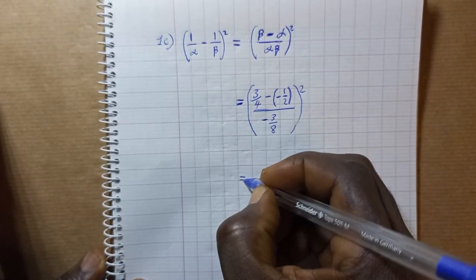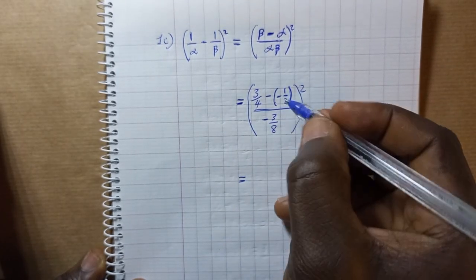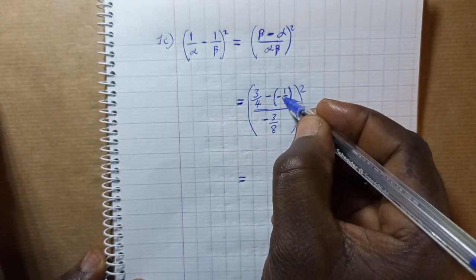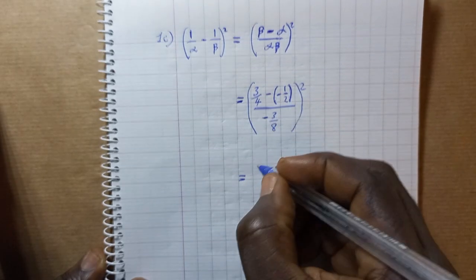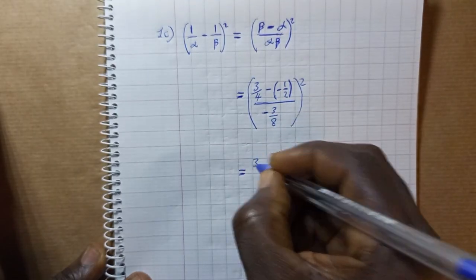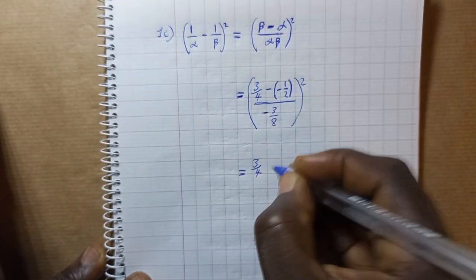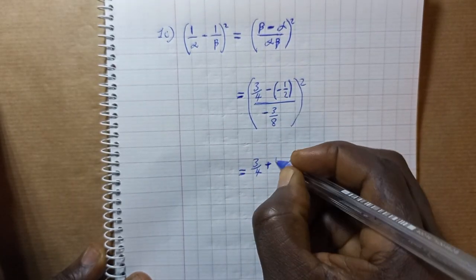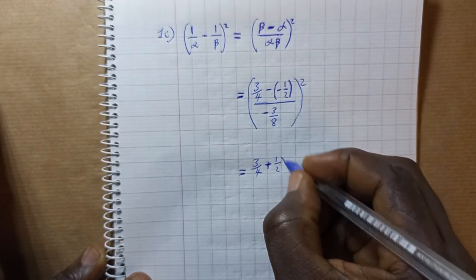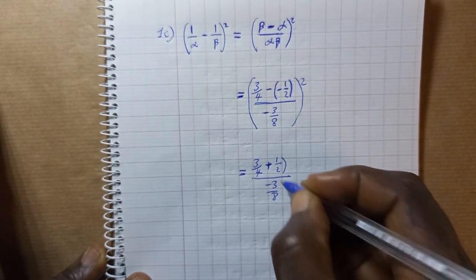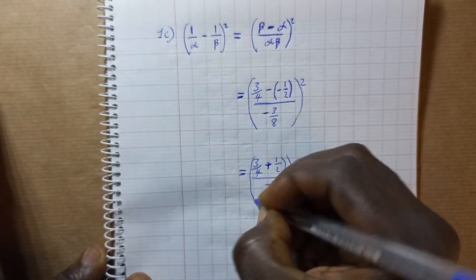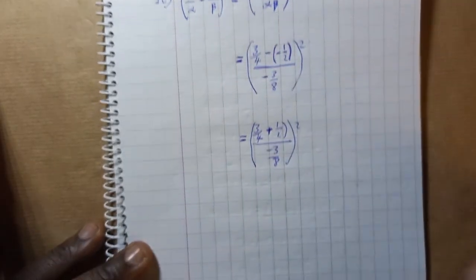Now this minus open bracket minus will turn to plus, so we now have 3 over 4 plus 1 over 2 close bracket over minus 3 over 8, and then in bracket square.